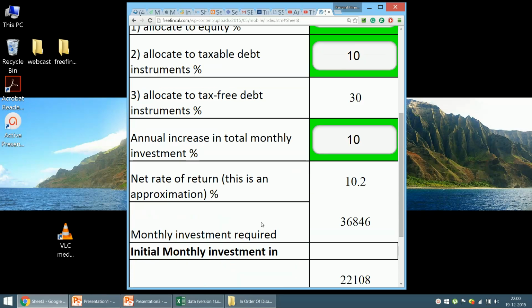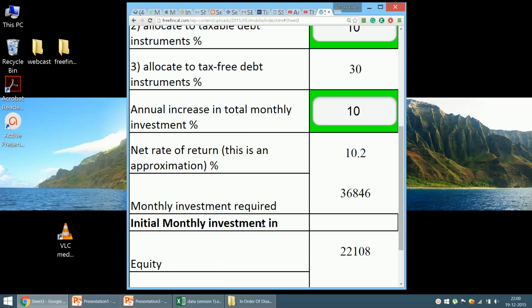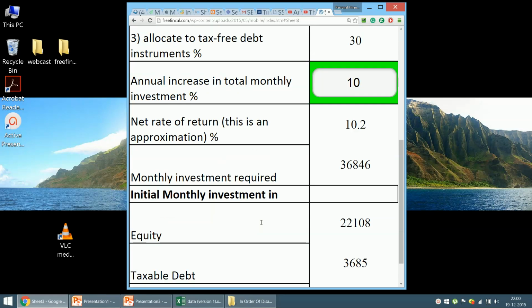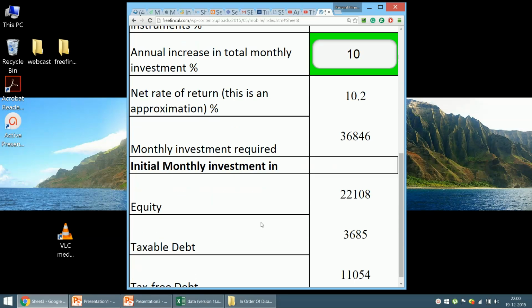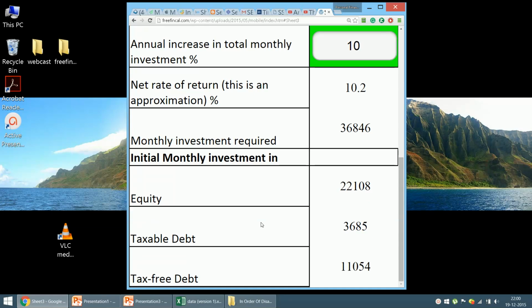And with that net portfolio return, the monthly investment required is 36,800 rupees, which seems very high. Well, maybe not everybody can pull that off, but it depends. So out of this 36,800, 22,000 goes to equity, about 3,600 goes to taxable debt, and the rest goes to tax-free debt. So that's the aim of this calculator.